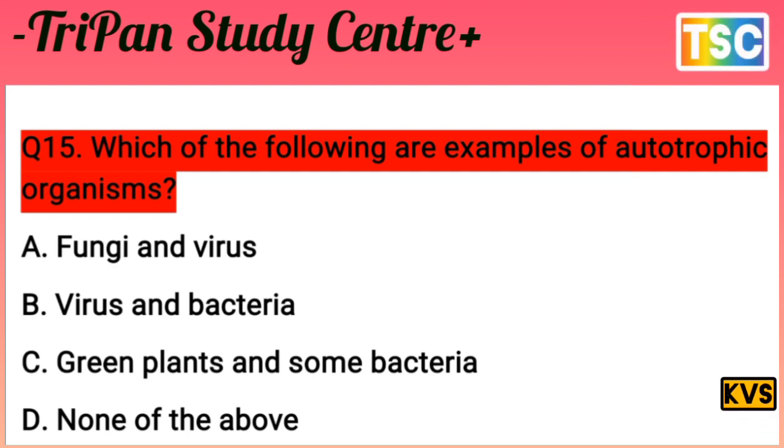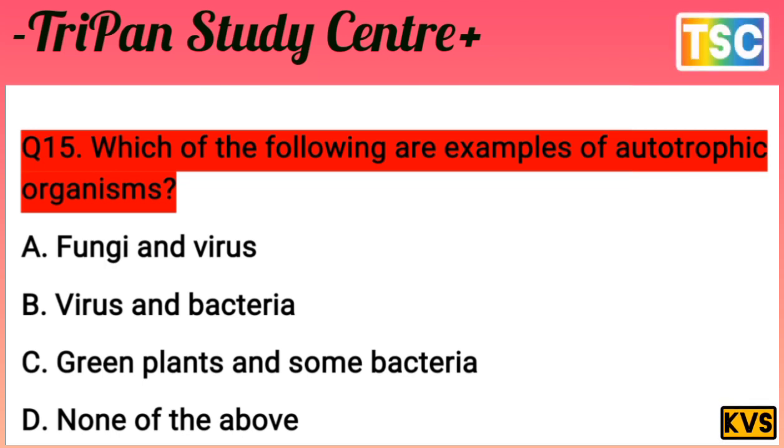The organisms which can use materials from inorganic sources to produce their own food are known as autotrophs. Generally, autotrophs include kinds of bacteria, algae, as well as plants.